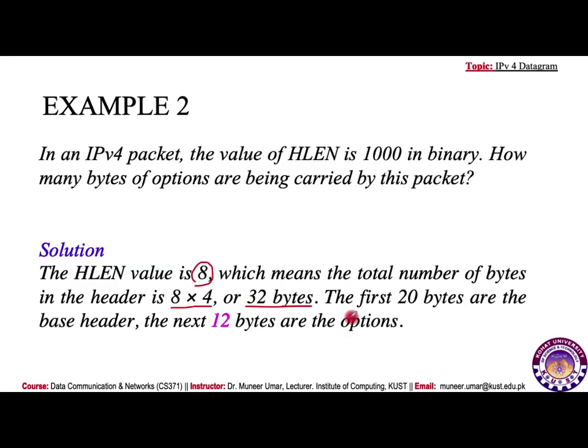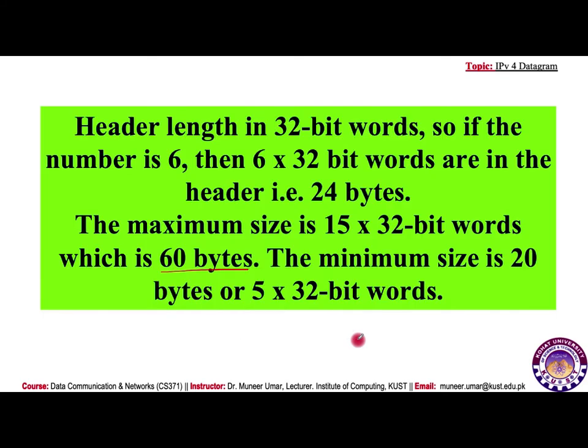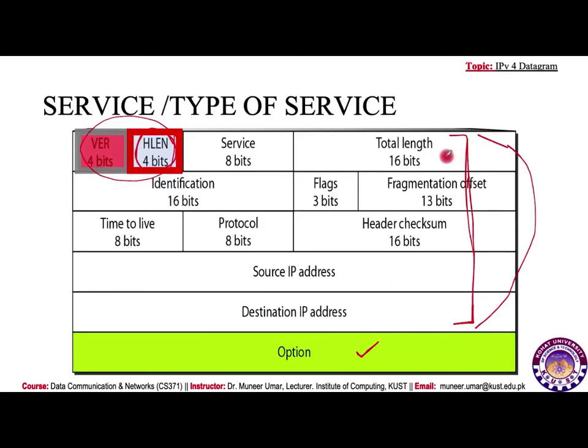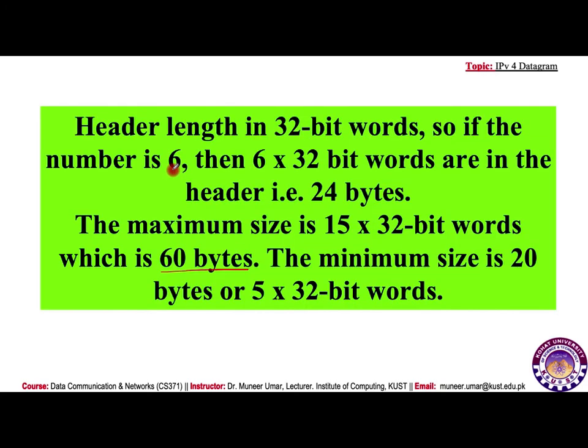If we subtract this 20 from 32, we will get 12 bytes for options. So according to this example, we will have 20 bytes, and then for options we will have 12 bytes. The total would be 32 bytes, and according to header length we are getting 32.